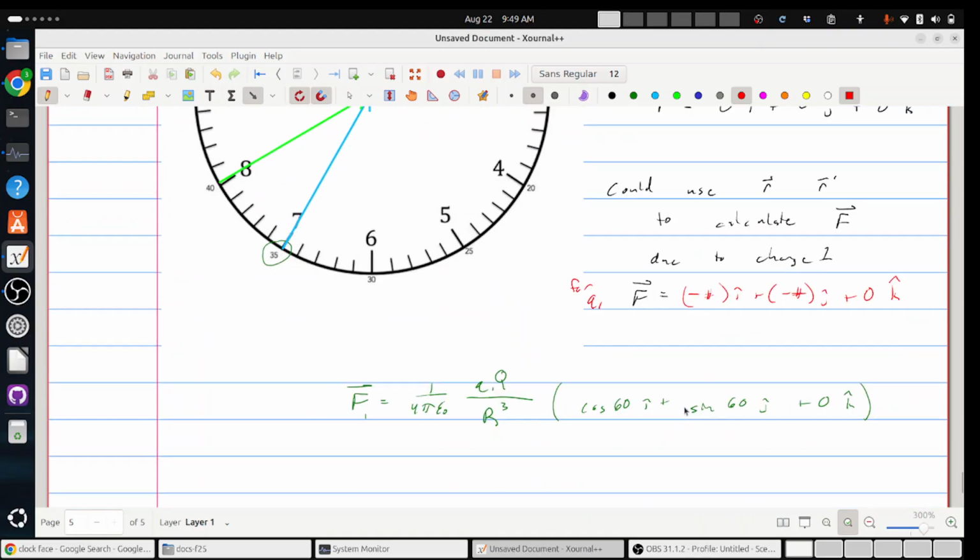So for this problem, there's a simplification, where Q1 and Q7 are equal and opposite.